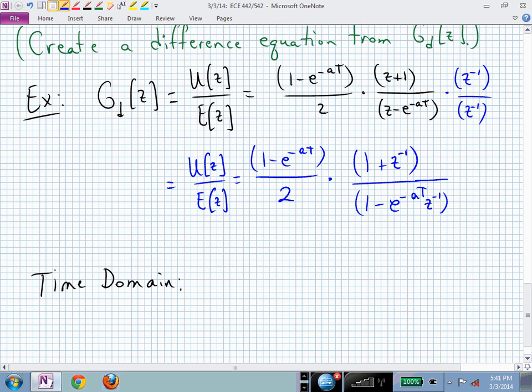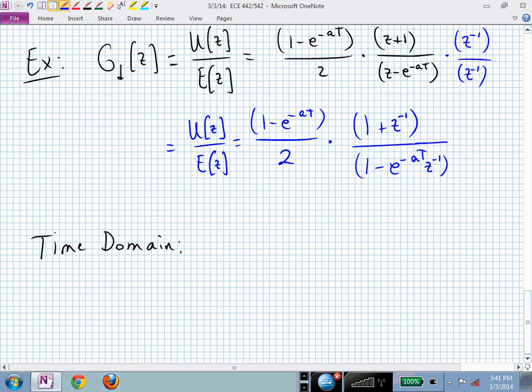Now I can multiply both sides by this 1 minus e to the minus AT z to the minus 1 and by capital E of z to take that into the time domain, and I end up with U of n. And let me take that minus e to the minus AT z to the minus 1 times U of z onto the other side in one step, which means I now have e to the minus AT U of n minus 1.